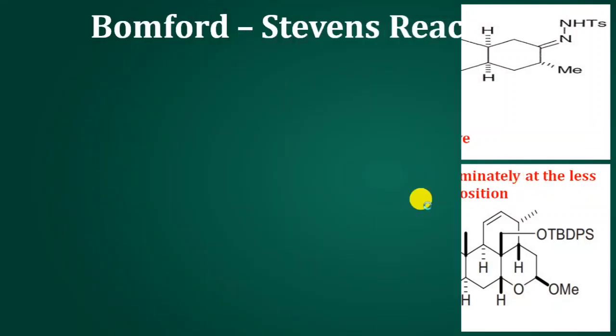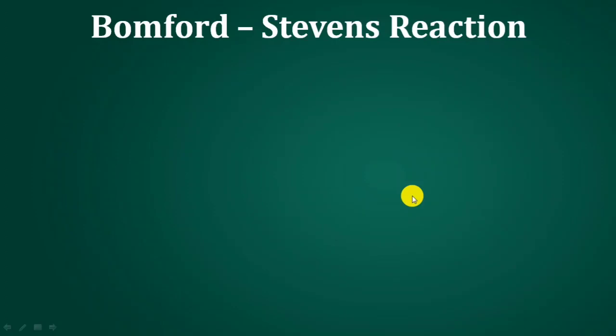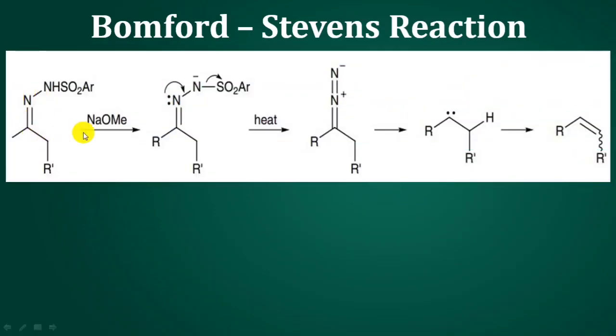The next reaction, which is similar to the Shapiro reaction, is the Bamford-Stevens reaction. The same tosyl hydrazine is there, and the base we are using in this Bamford-Stevens reaction is a mild base as compared to the Shapiro reaction. First of all, the base abstracts the NH proton, which is an acidic proton, then the lone pair on nitrogen shifts here, and this tosyl group breaks from this molecule, and it gives the carbene intermediate.